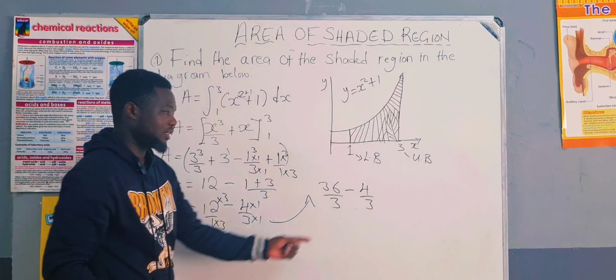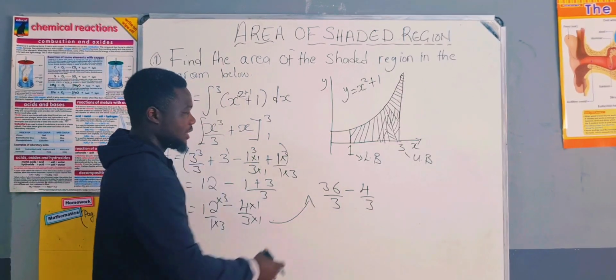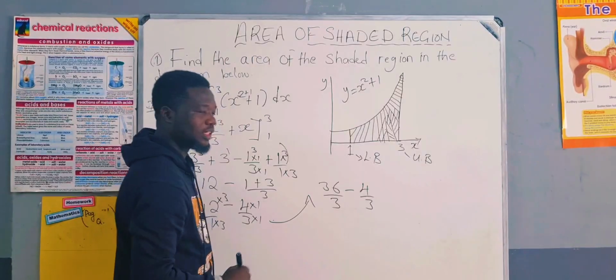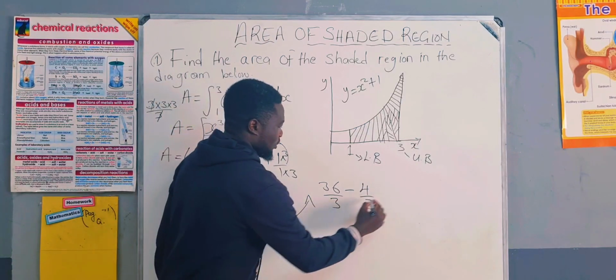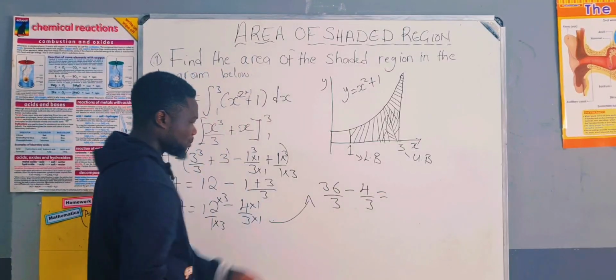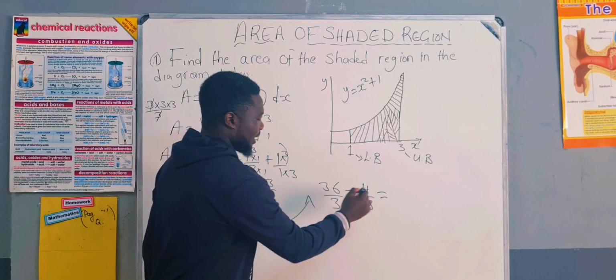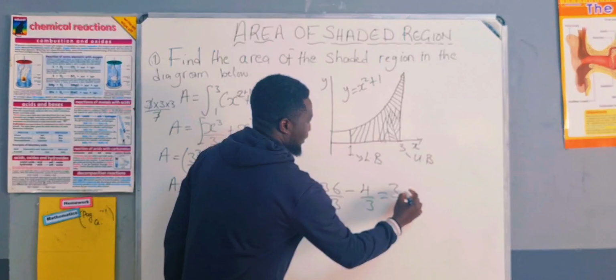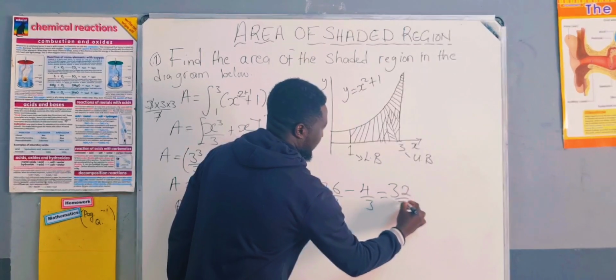Seeing that I have the same denominators, the rule of fractions states that I must just subtract the numerators. So 36 minus 4 is 32. So 32 over 3.